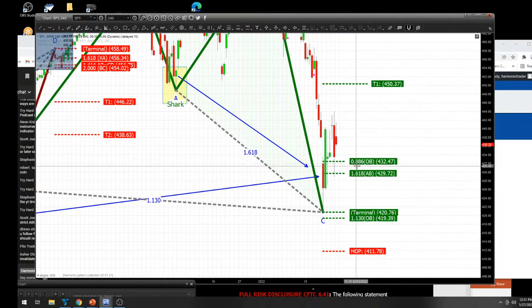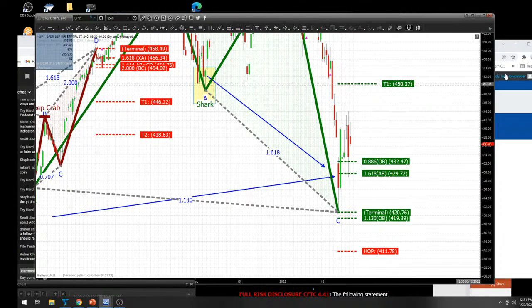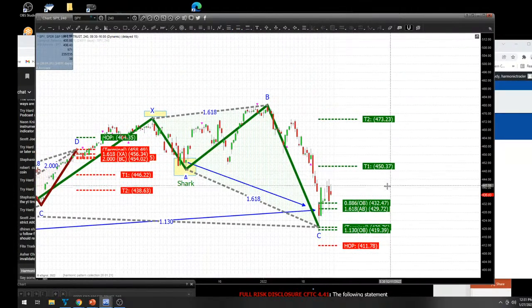And our 886, let's take a look one more time. Those are the two key numbers that define the zone. We utilize the 113 as a kind of ancillary layered number.